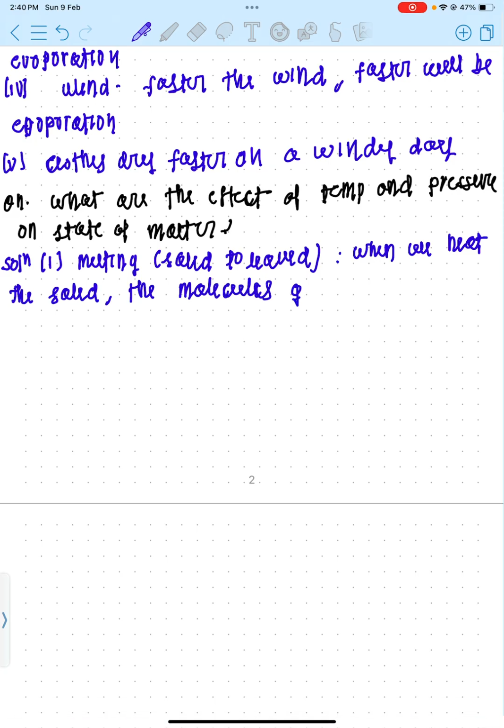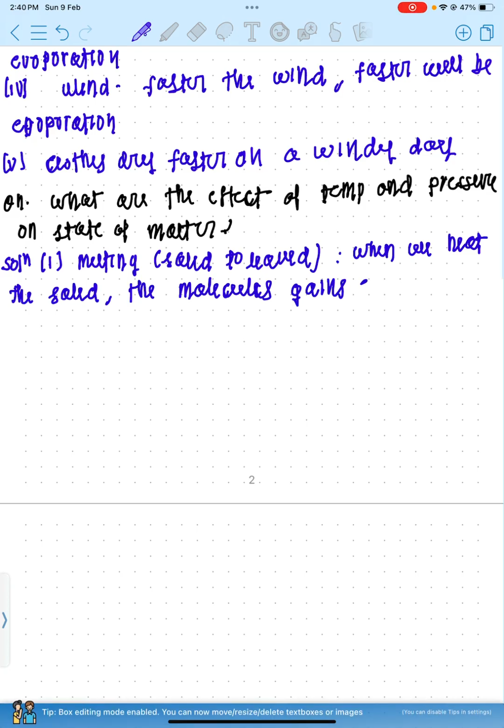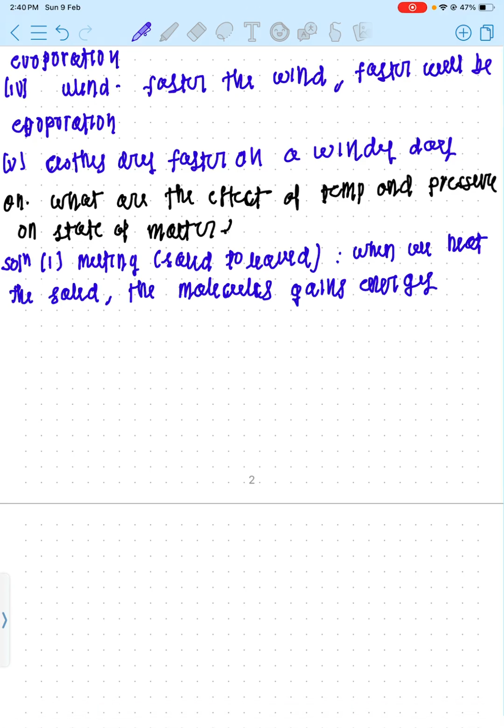If the molecules are gaining energy, for example, you ate food after living without food, right? When you eat the food, you'll get more energy and you'll go outside, right? If you don't have energy, how will you go outside? So when they get the energy by heating, the particles start vibrating faster.